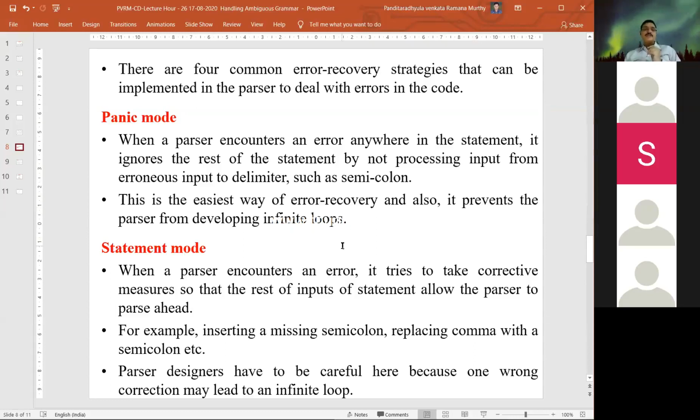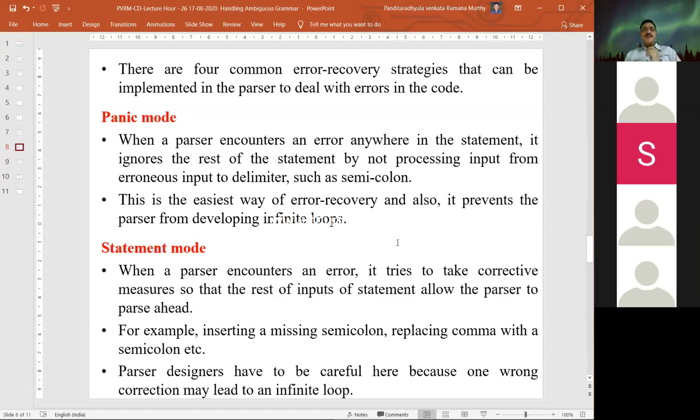In panic mode, whenever it identifies the first error, it doesn't consider the rest of the statement, up to the semicolon, because in programming languages generally the end of a statement is the semicolon. Okay, this is the easiest way of error recovery.